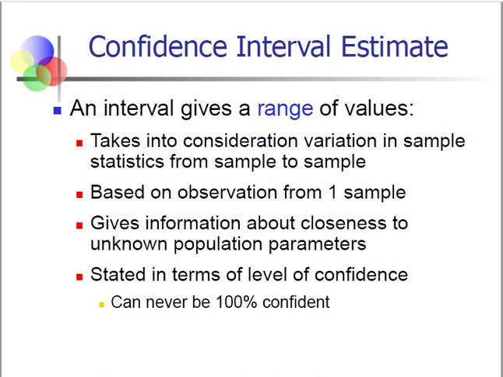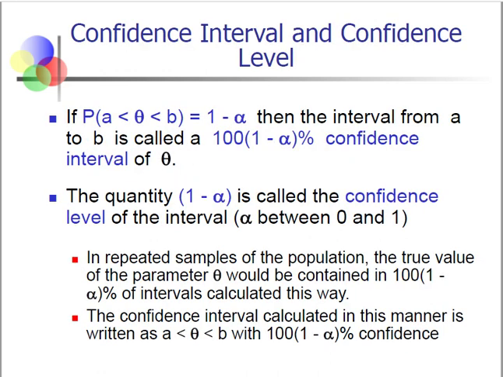Okay, so confidence intervals are based on observation from one sample, and they give information about the closeness of an unknown population parameter. Okay, then we can also never be 100% confident.